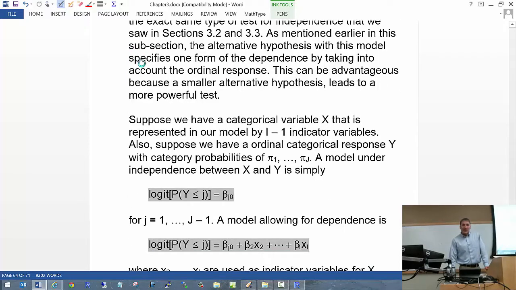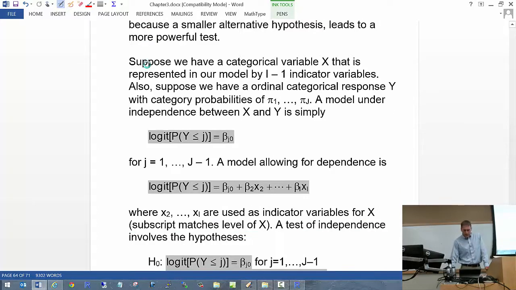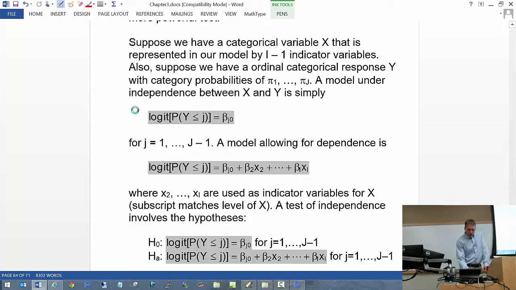And we can get a test for independence too, but you have to be a little bit careful about what the alternative hypothesis actually means. So our null hypothesis model under independence would look like this. Again, you're modeling the logit of the cumulative probability, and you set it equal to beta j0. Notice that x is not in there at all. That's because x is independent of y.